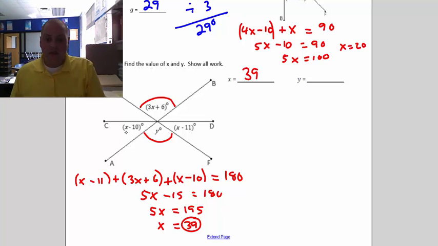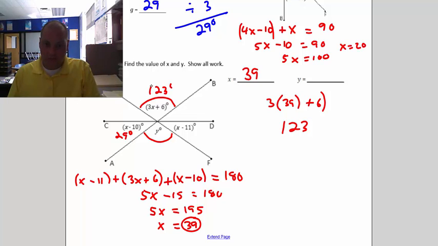All right, so x minus 10, 39 minus 10. So that means this one's going to be 29 degrees. 3x plus 6, 3 times 39, plus 6, is, I did this already, 123. So this is 123. And this is 29. That means this would have to be 29.